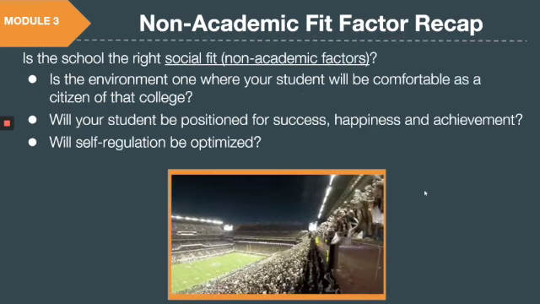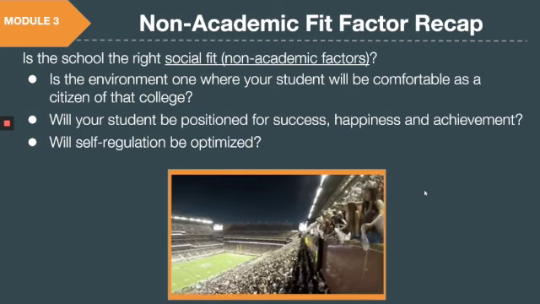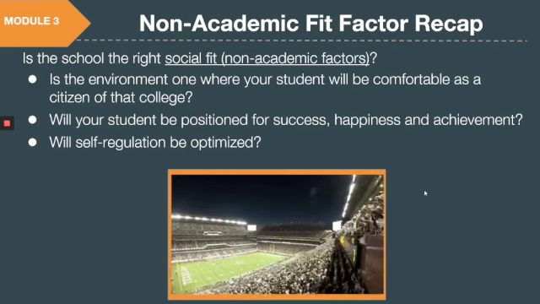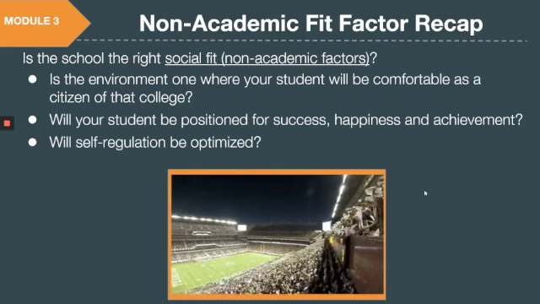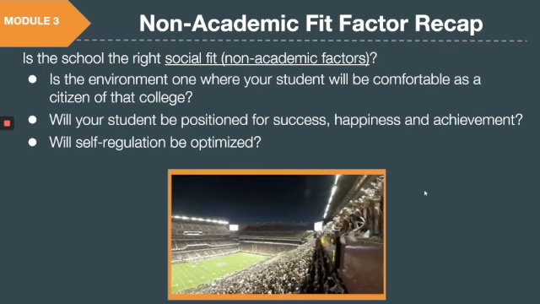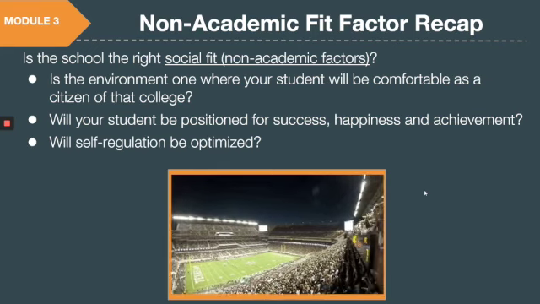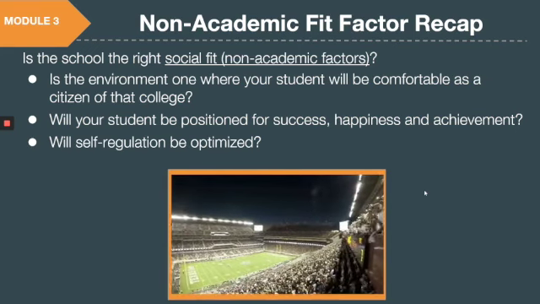In addition, we looked at probably the most avoided or the biggest thing that people omit as they go through this process. We looked at the non-academic fit factors. And it's very important, as we said in the module itself, that we look at these things because we understand that your child is not going on a 4-year vacation.